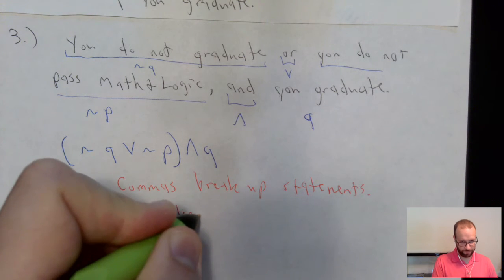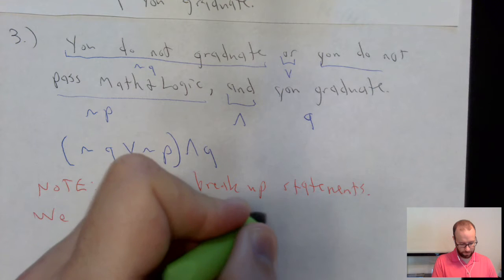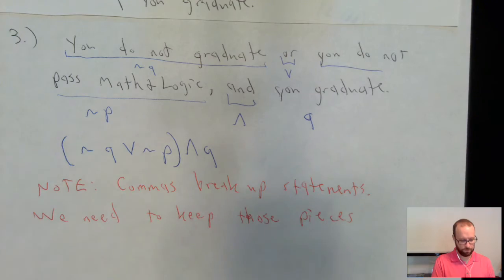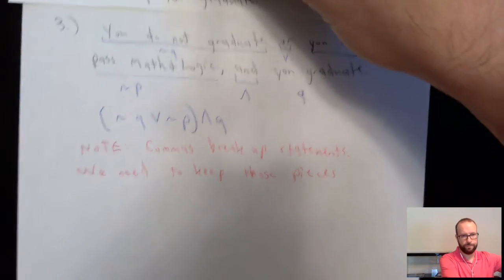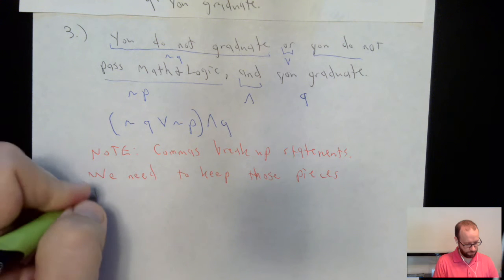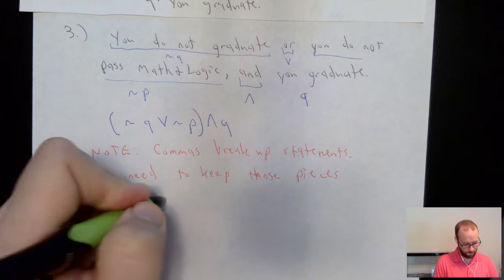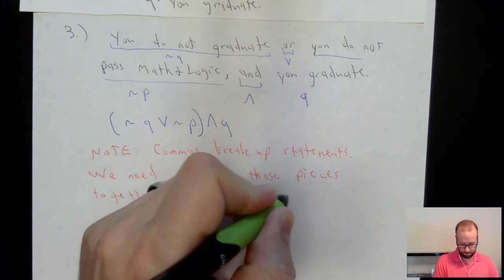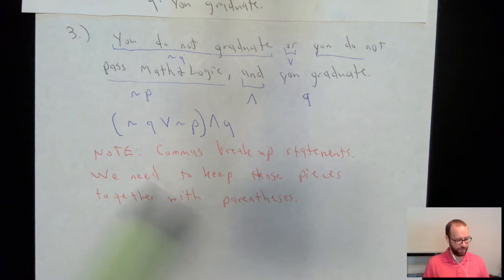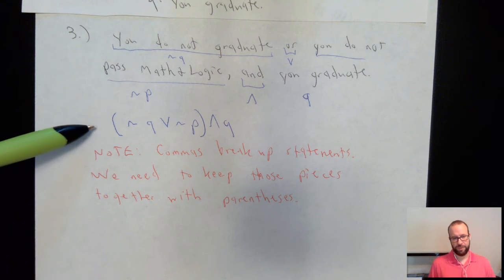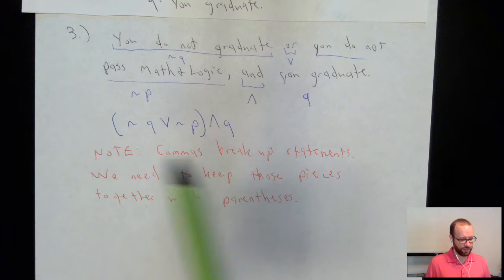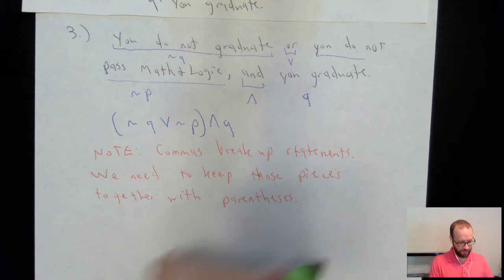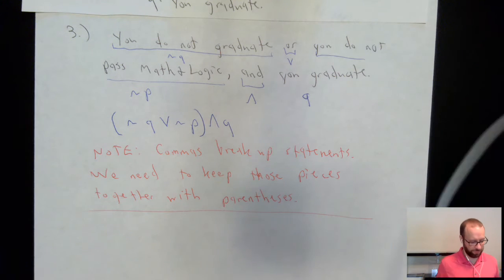We need to keep those pieces together with parentheses. Okay, you got a comma in your statement, you will likely have parentheses here. If you have parentheses here and something outside of them, something more that we're doing, you'll likely have a comma in your statement.